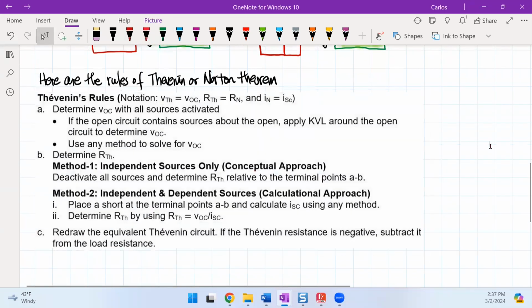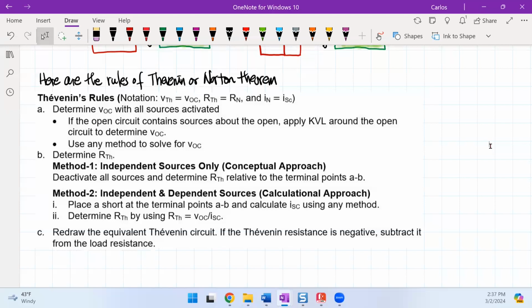Whether I call it the Thevenin rules or the Norton rules, it's exactly the same. The first thing you do, part A, is determine VOC with all sources activated. If the open circuit contains sources, apply KVL around the open circuit to determine VOC. Use any method to solve for VOC. That means use any of the techniques that you have used up to this point.